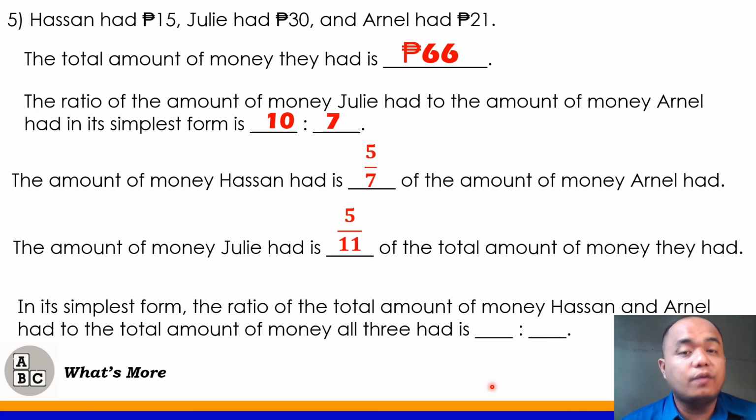What is the GCF of 36 and 66? Yes, 6. Very good. So, yung 6 na yan, magiging divisor ng ating 36 at saka 66. 36 divided by 6, how much? 6. Very good. How about 66 divided by 6? 11. So, ibig sabihin, we have 6 is to 11 as your ratio. So, in simplest form, the ratio of the total amount of money Hassan and Arnel had to the total amount of money all three had is 6 is to 11.